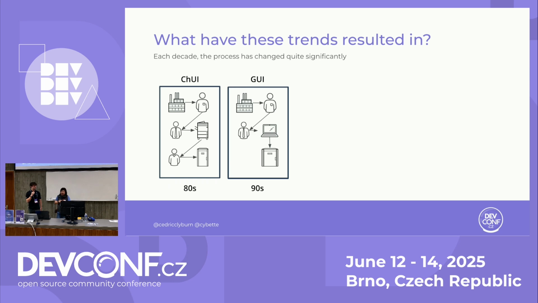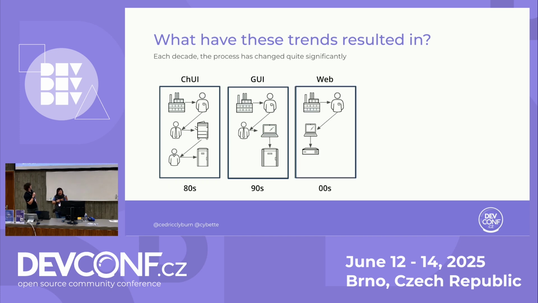It's a multi-step process, prone to errors. GUI came about in the next decade or so and made things a little bit easier, more accessible. You don't need direct access to the mainframe. You have something you can enter with an easier user interface and eliminate some of that error-prone process. Again, step by step, with web connectivity, you don't need to call that person at the office.